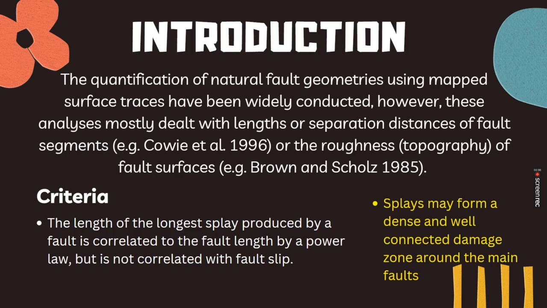Only roughness and fault surface, these things are very much important for characterization. For quantification purposes, the length of the longest splay produced by a fault is mostly correlated with fault length. Measure fault length and the maximum possible splay length; that ratio is very much important.